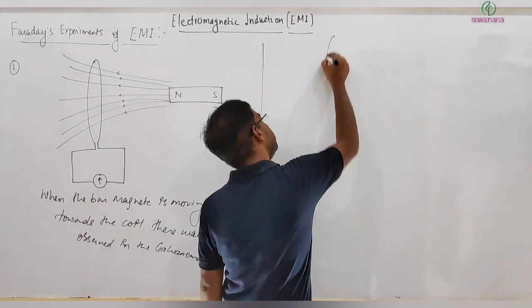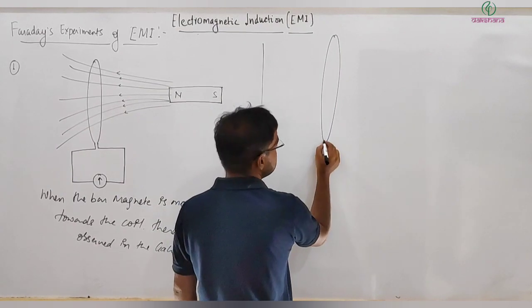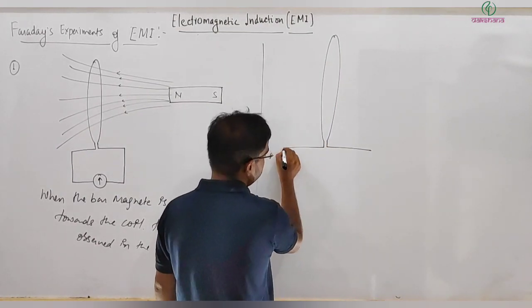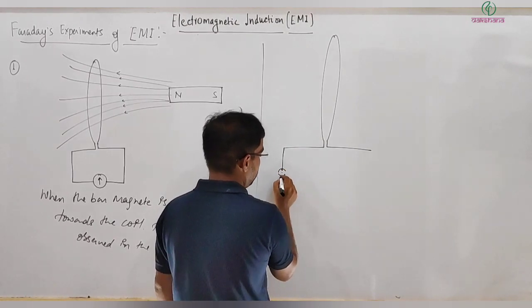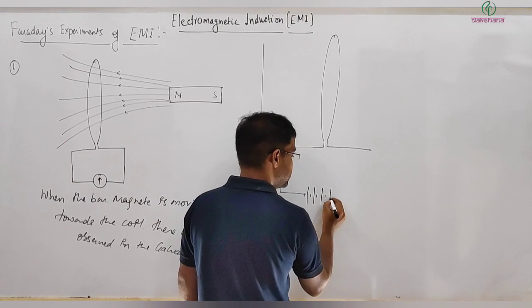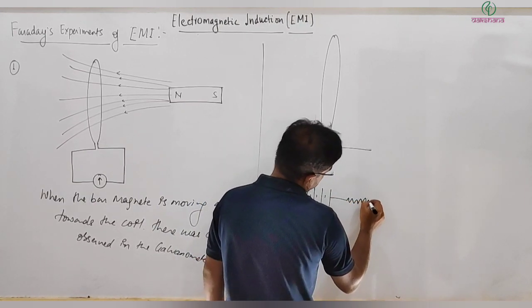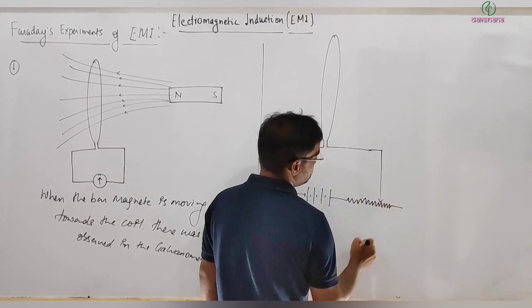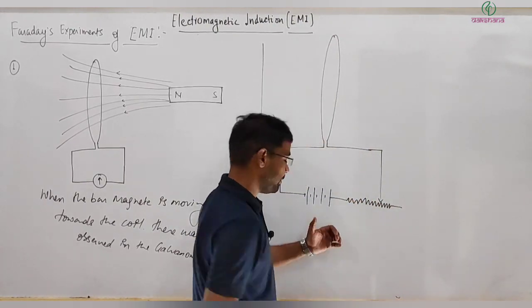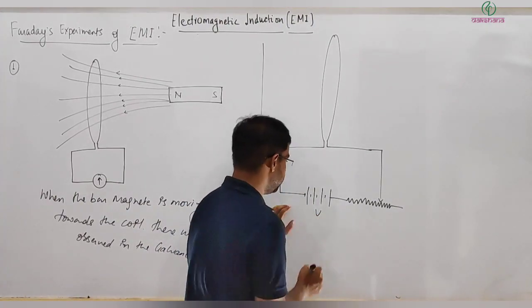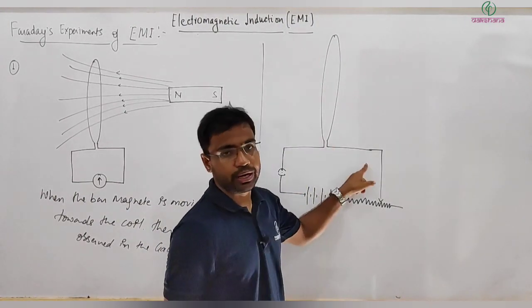Similarly, he made another setup just like this, and here he connected a switch, one battery like this, and a rheostat. So what is happening, see here, when this switch is on, this is the battery, there will be current in this coil.